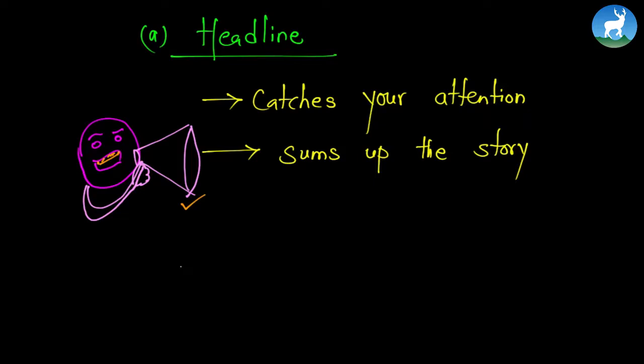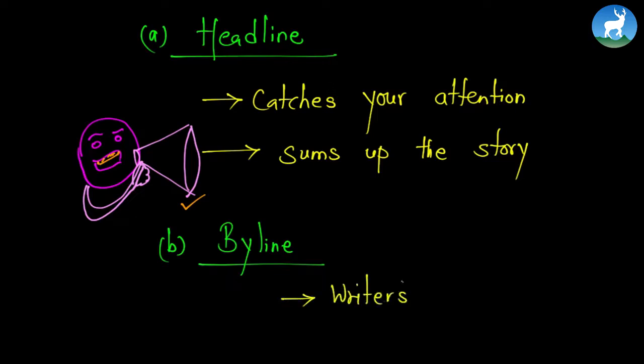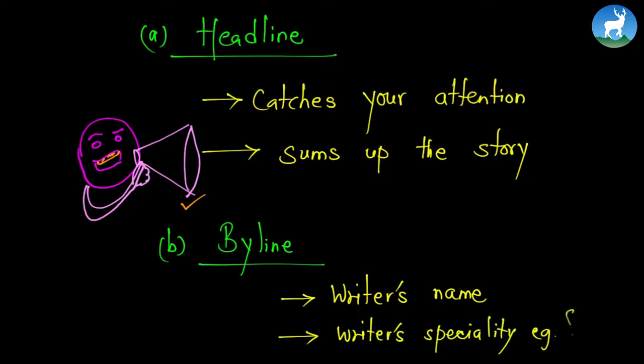That is the headline. Now the second key element that we will talk about is the byline. And what does the byline do? The byline contains the writer's name, so it gives you the writer's information. Also, it contains the writer's speciality, like sports.